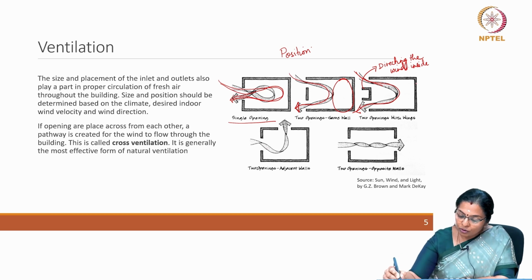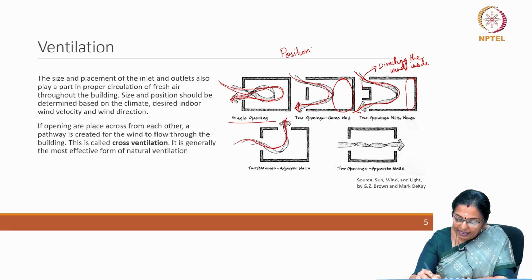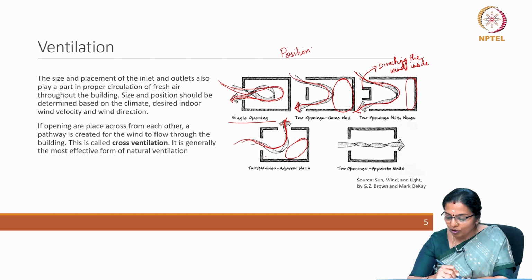Again you have an issue of having a small dead space, where people will not be able to feel the wind movement. And if you have openings on either side of the room, then wind movement can happen in a much better way, again leaving a small void.